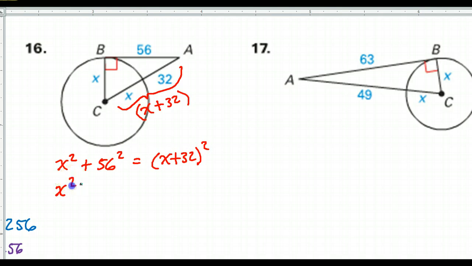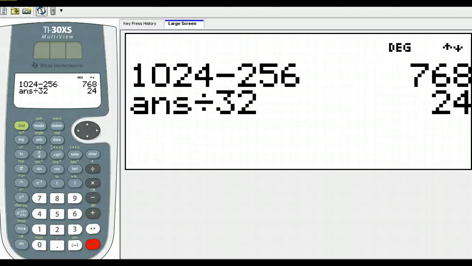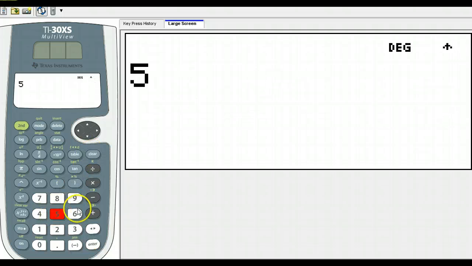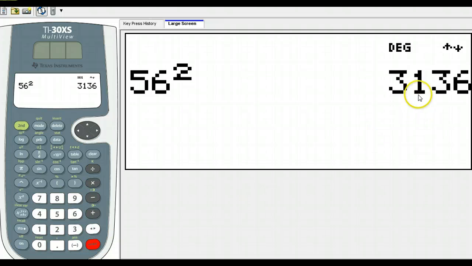So that's going to give us x squared plus 56 squared is equal to x plus 32 times x plus 32. So that's going to give me x squared plus, you know what, let me go ahead and do that this time. 56 squared. 3,136.